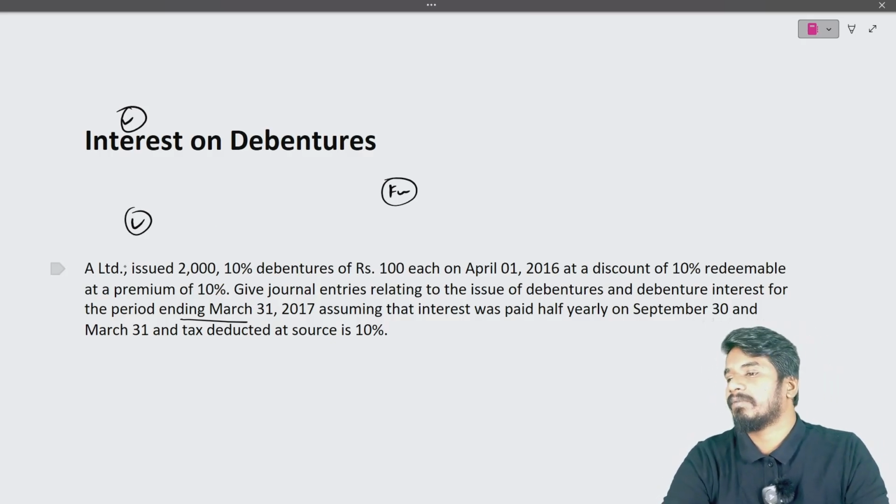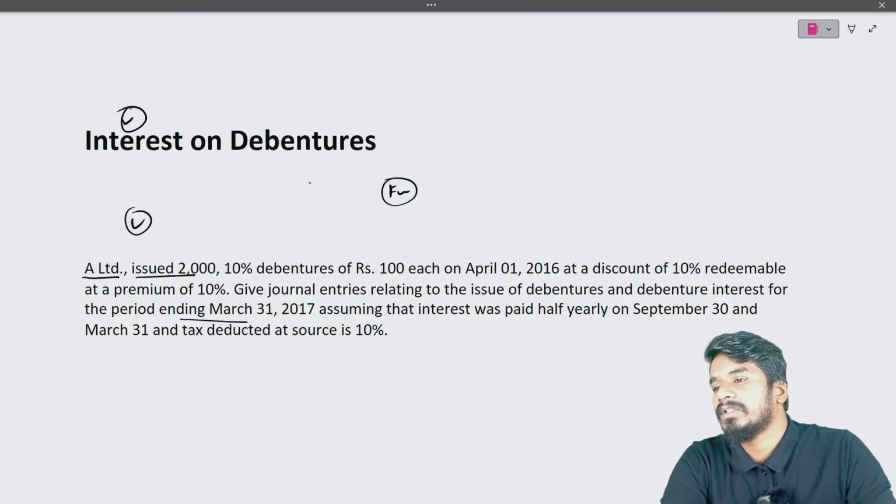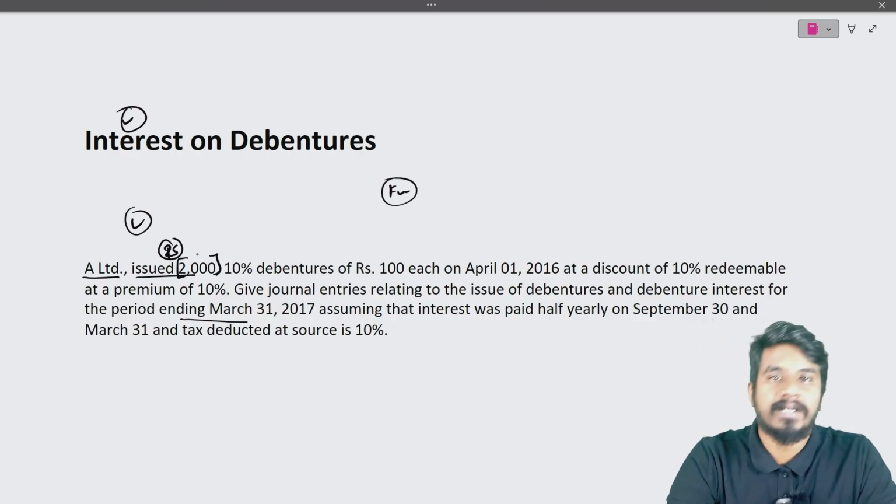So let us start reading the question. A Limited issued 2000, 10% debentures of rupees 100 each. Here they are not saying rupees, they are mentioning how many debentures they are issuing.